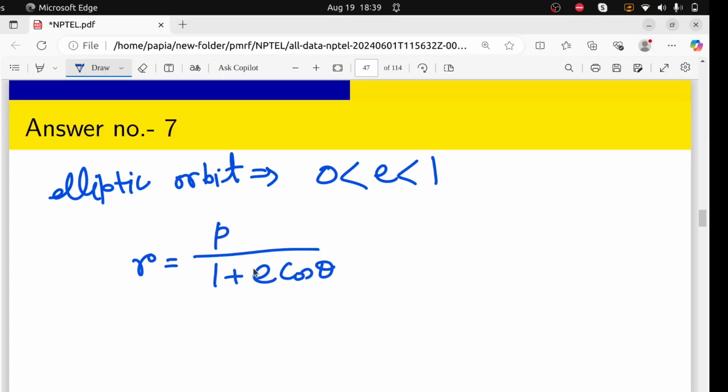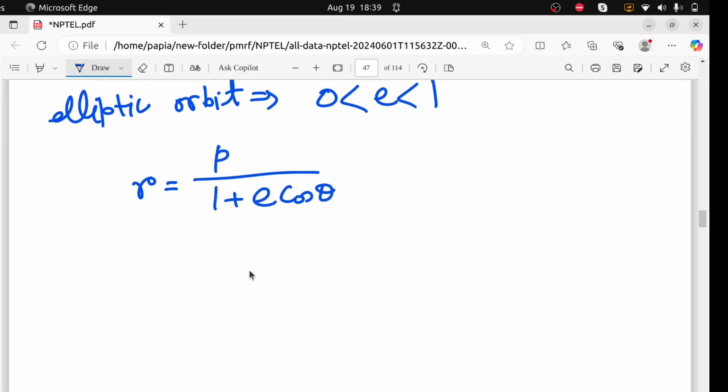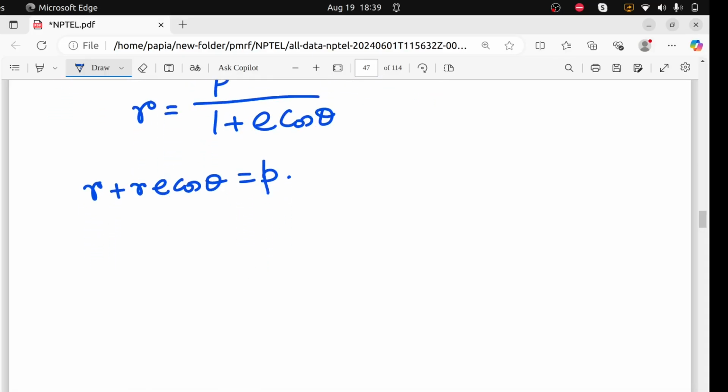Sir was also explaining that one, but still as the question is coming, I am also going to explain this one. So here we can see r plus r e cos theta equals p. Now r cos theta can be written as x.